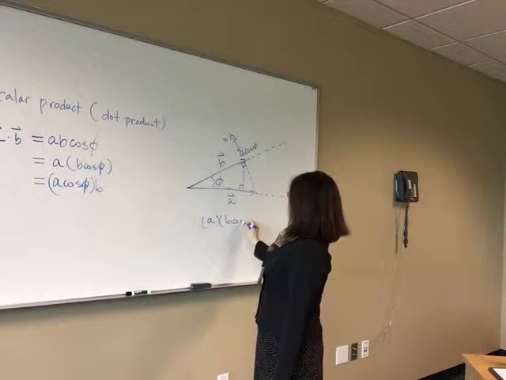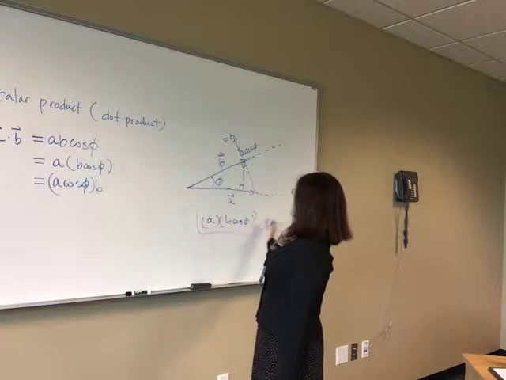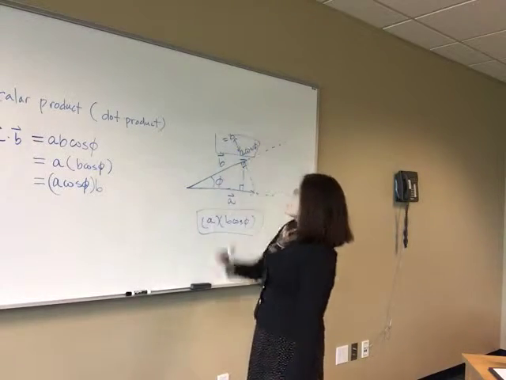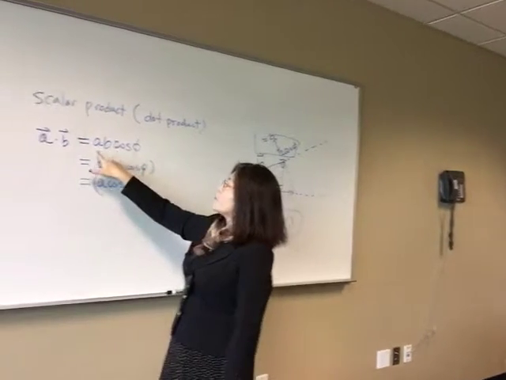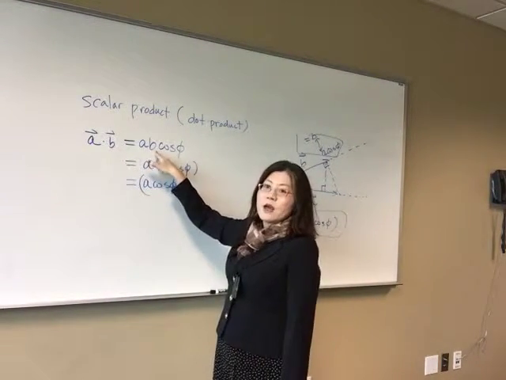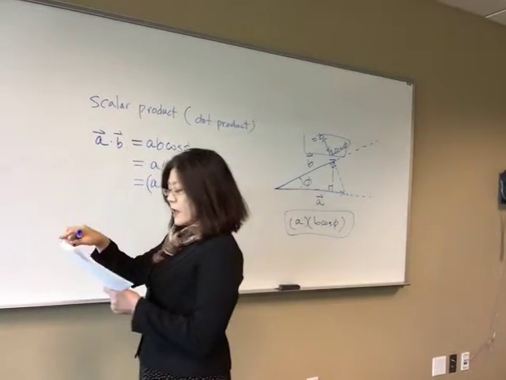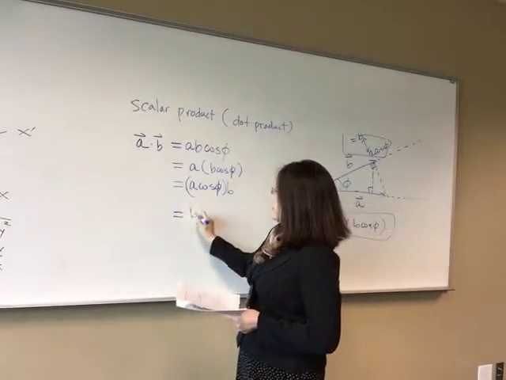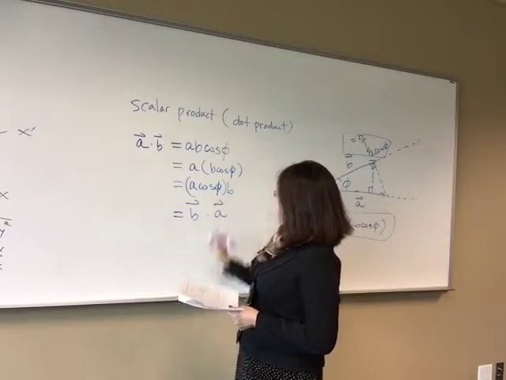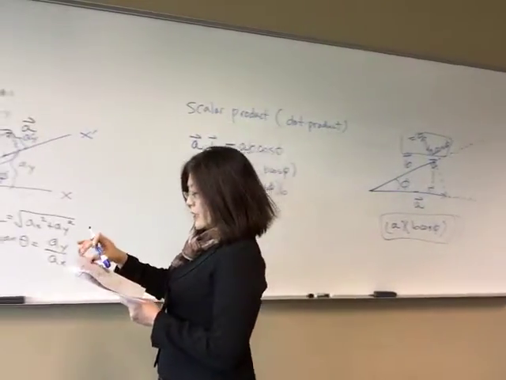So you can see that they are exactly identical. It really depends on how you interpret it, whether you find the projection of A or the projection of B onto the other vector. So what it means is that A dot B is equal to B dot A, as you can see. So that's basically that.